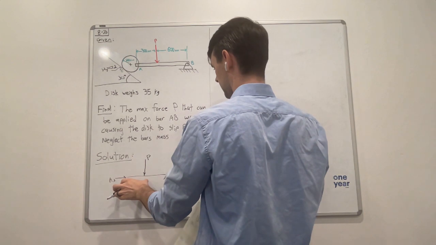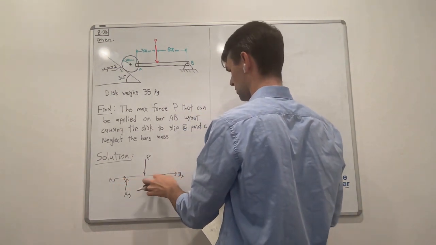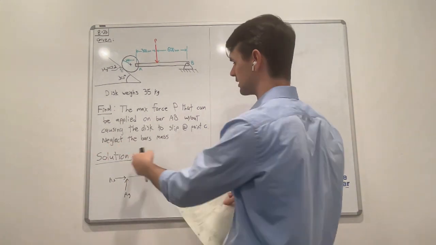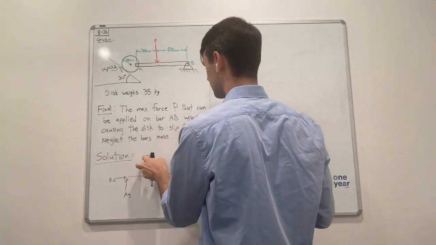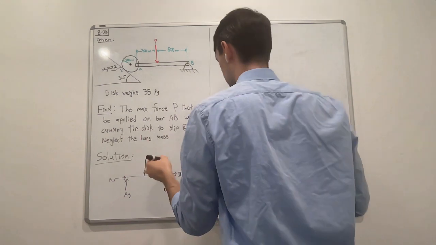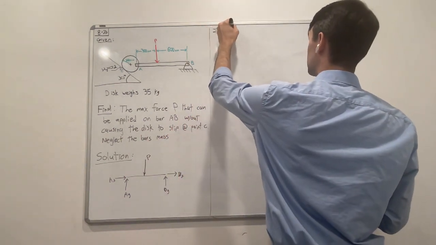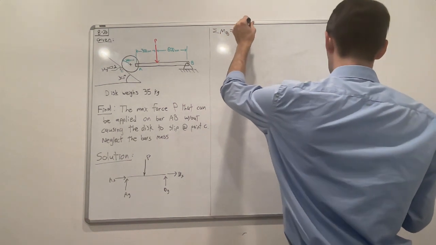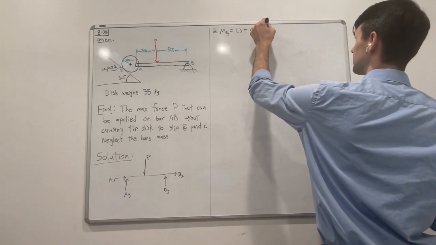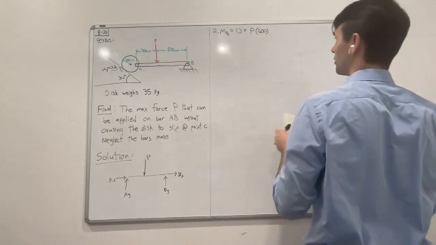So I'm just going to do a simple sum of moments about point B, because really I want to get what is AY in terms of P. That's all I'm really interested in here. That's how P is going to make its way into our equations for the disk free body diagram. So if I do sum of the moments about point B equals 0, then I get P times 600 millimeters, that length, and that's going to be positive by right-hand rule.